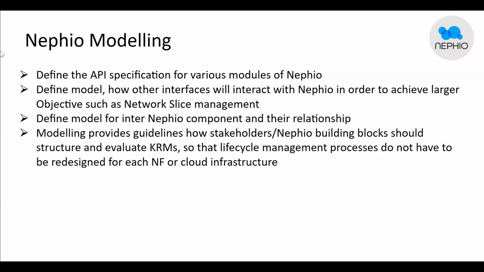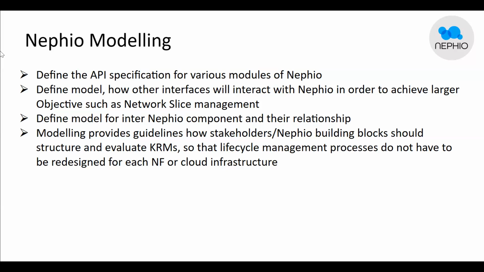It's a little bit different. I agree. Okay, so you're talking about an information model, but you're referring to modeling of the Nefio enablers. So leave it at that. Because the input standards on the slide were actually modeling or providing models for the actual applications that are being deployed in Nefio.